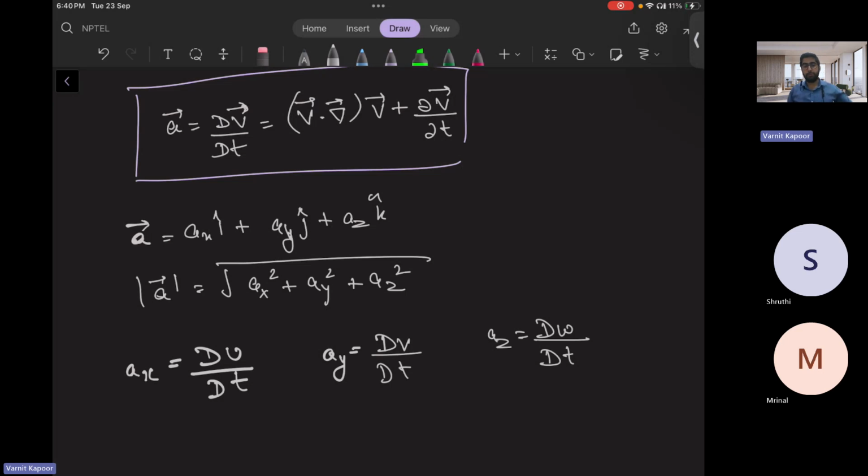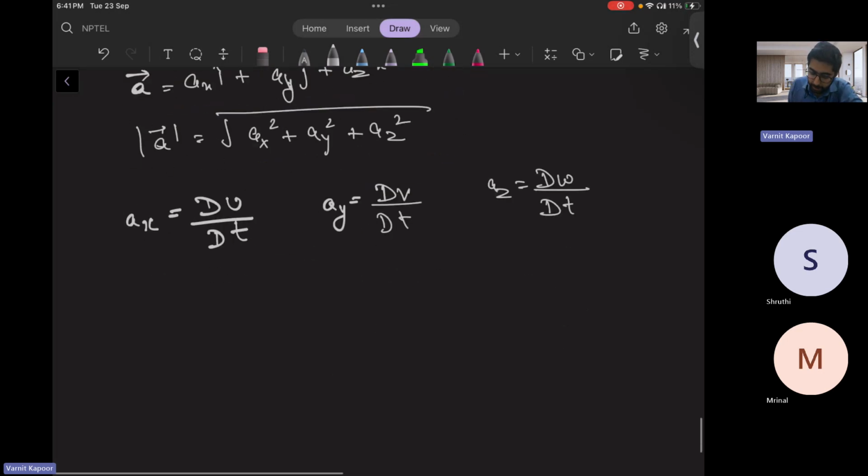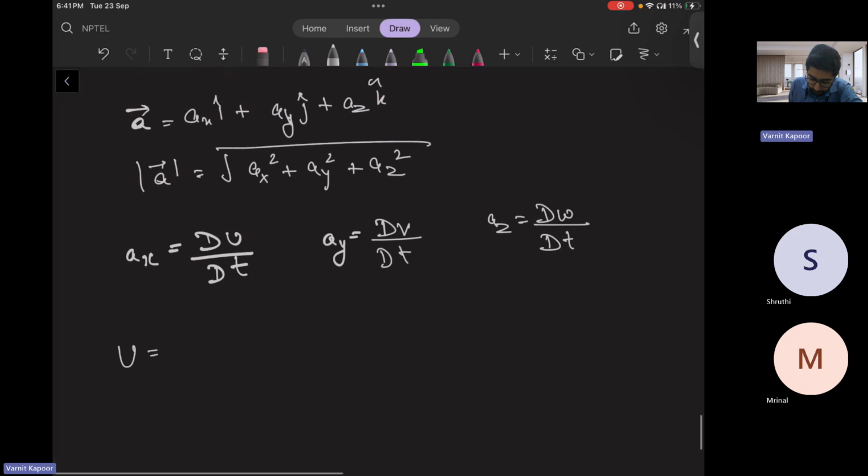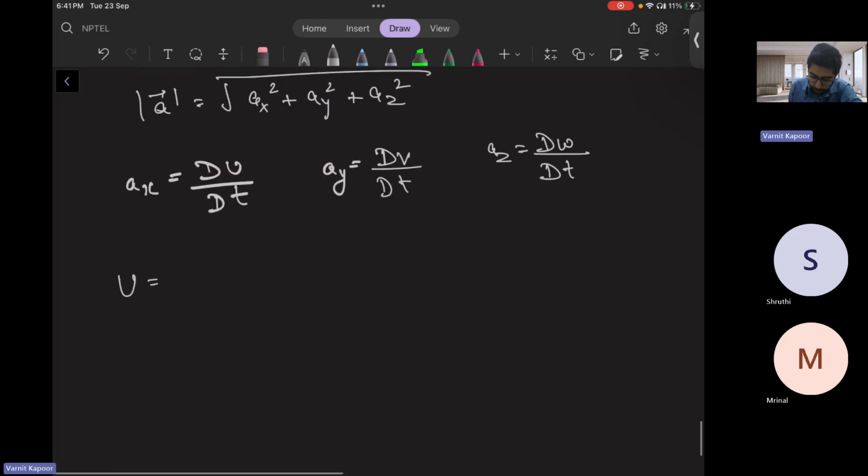Suppose the total velocity is a function of x, y, z, and t, that is space and time. So individual components will also be functions of space and time, right? So let's say my velocity u is a function of x, y, z, and t. How will I write the acceleration in the x direction?